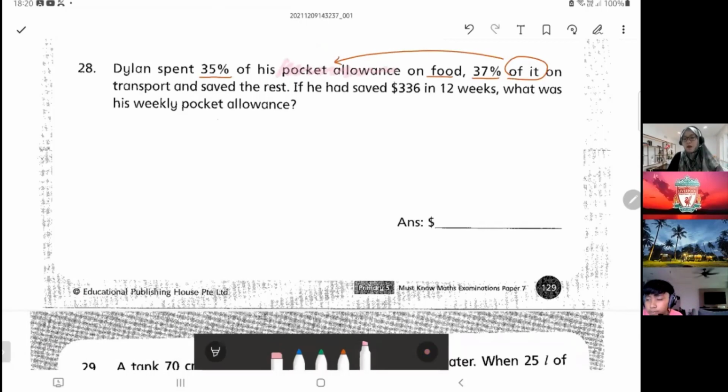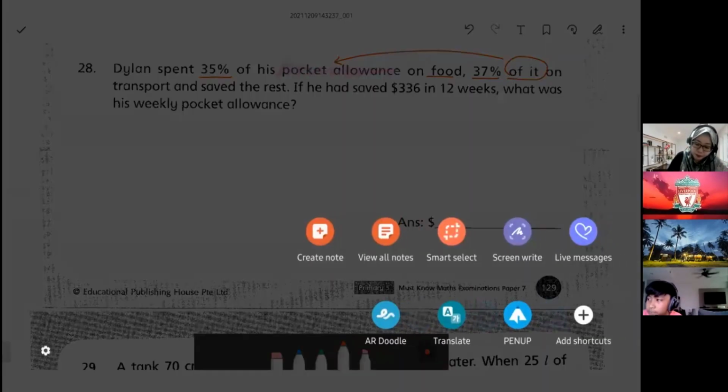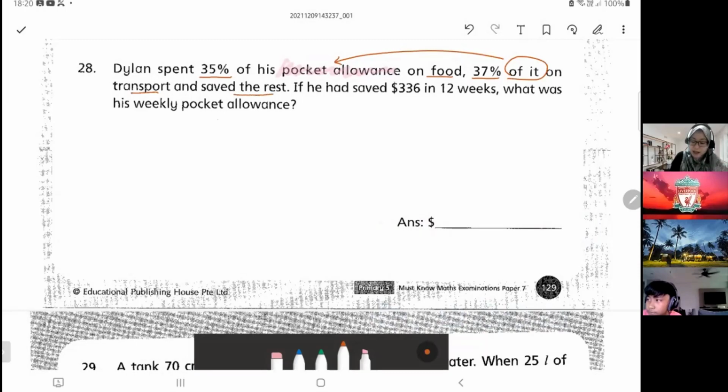A portion of his pocket allowance is spent on food, and a portion of his pocket allowance is spent on transport, and then he saved the rest. Okay, if he had saved $336 in 12 weeks, what was his weekly pocket allowance?